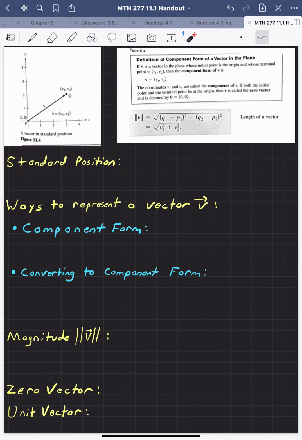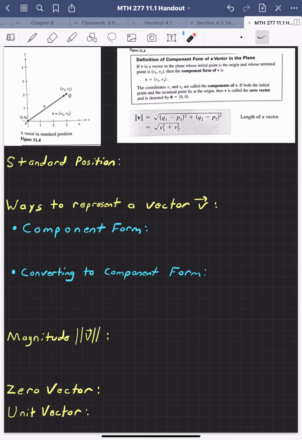As you recall, take a look at figure 11.4. Here we've got vector v, which is the directed line segment from P to Q. Now, we've already established that there's an infinite number of vectors that might meet this criteria, being the same magnitude, same direction.